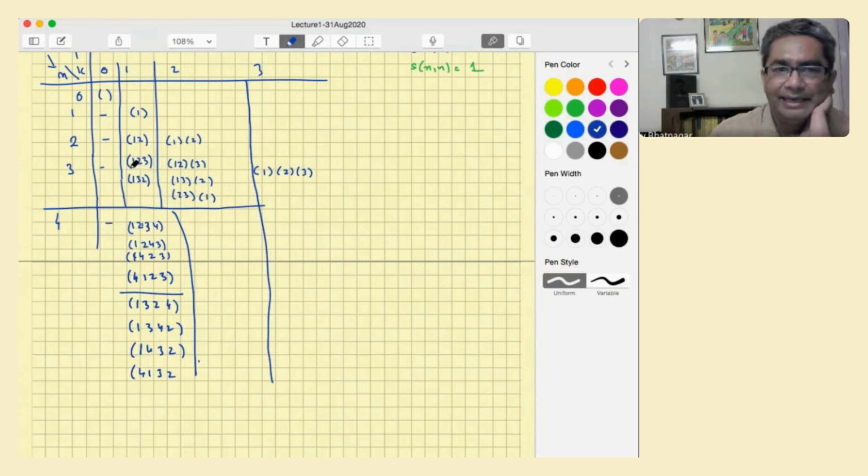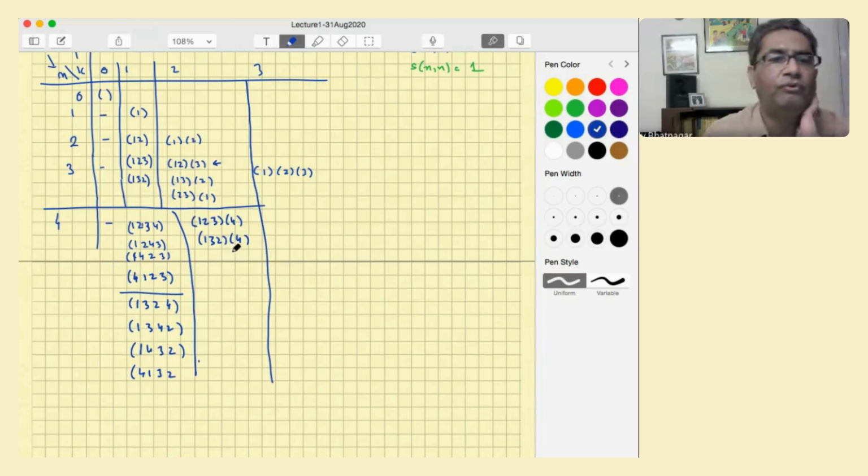Okay, I want 2 parts. So this one has 1 part, the one on the left. I can just add 4 as a part. Here, I can add a 4 anywhere: before 3, before 2, or before 1.